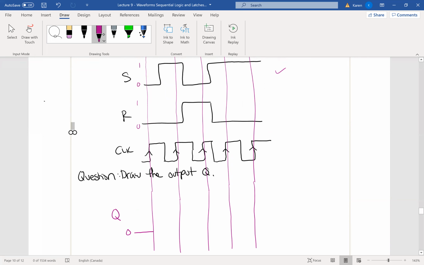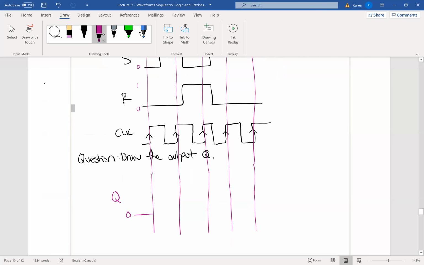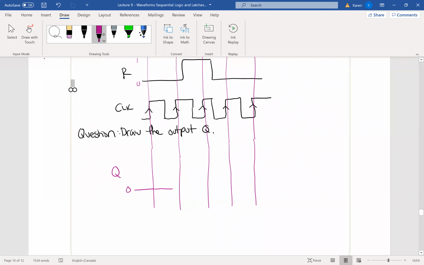And then let's look at what happens on the first clock signal. I have a 0 and a 0, and a 0 and a 0 out of this truth table says that there's no change. So I'll just keep going across and I can go all the way up to the next clock signal. No change, because that's what our truth table says.